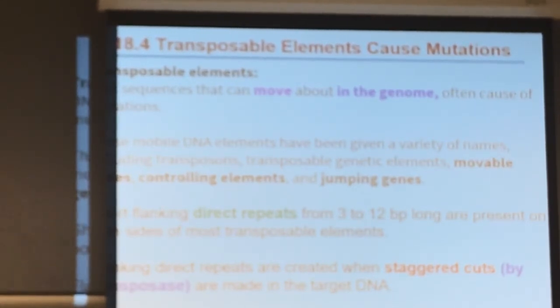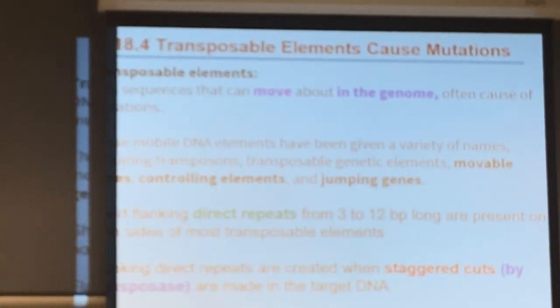When this gene moves to a different chromosome, it could now land in between a different gene, destroying the second gene. Get that? So one gene has copied itself, made a second copy, and moved on to a different chromosome. When it inserts itself into a different chromosome, it probably inserts itself into another gene, thereby destroying the second gene.